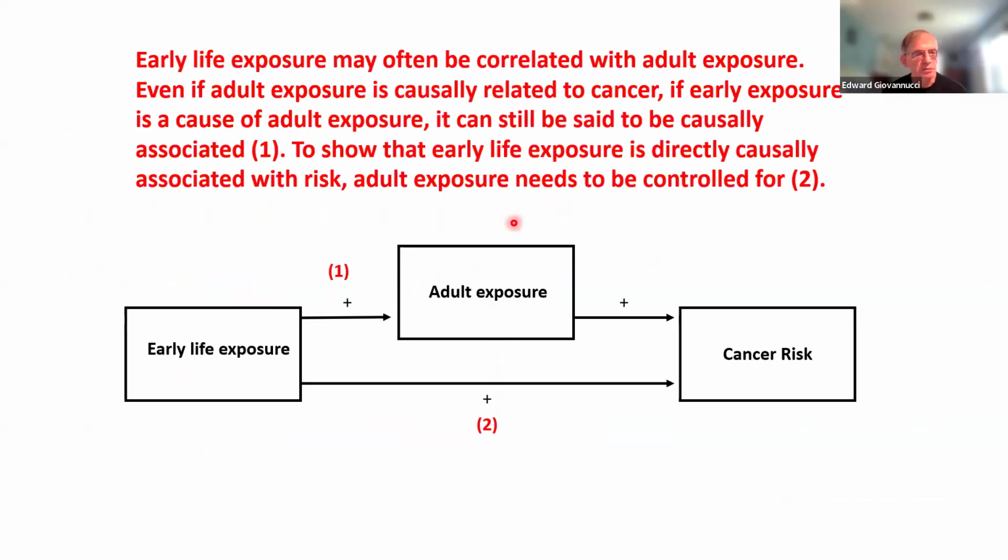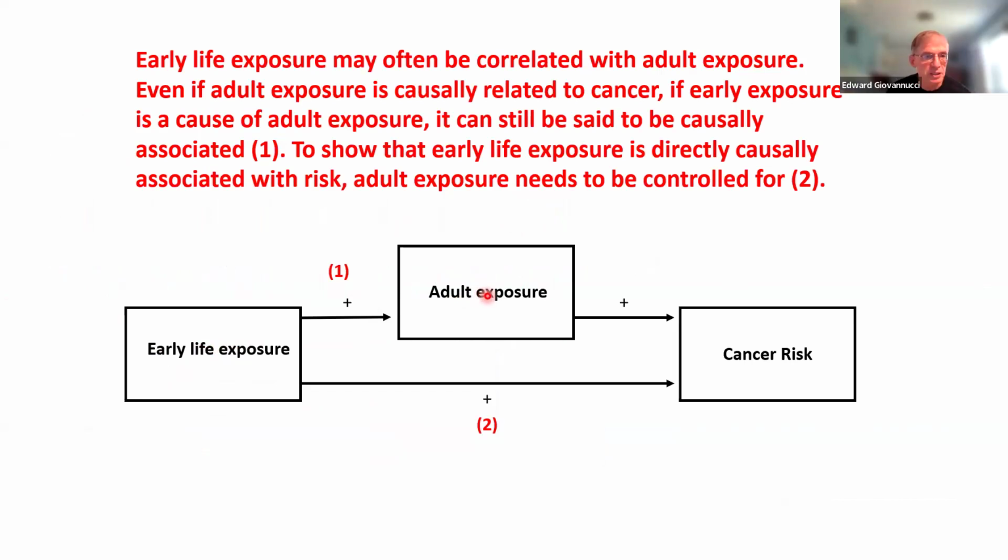One general point I wanted to make, so I actually made a slide to make sure I make this point, is that early life exposure is often correlated with adult exposure. There could be many reasons: bad habits or good habits can start early in life and progress to adulthood, or things like obesity.